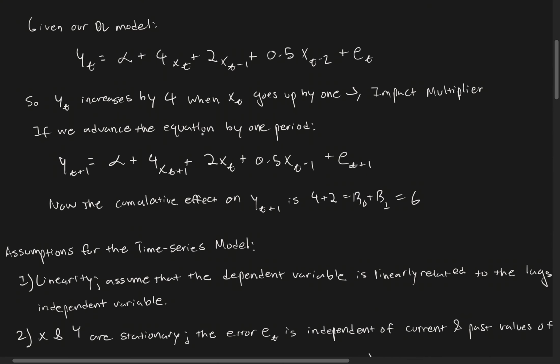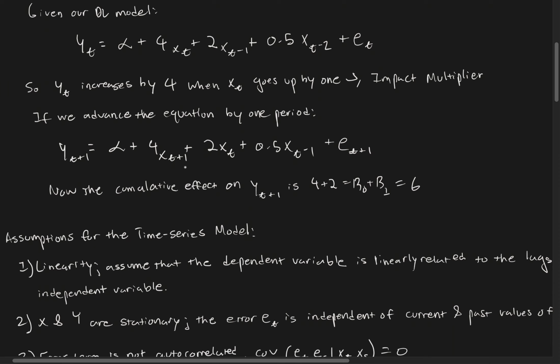But let's say we advance the equation by one time period into the future, so all the t variables will be added by 1. Now we have 2 as the current impact, and 4 into the future.